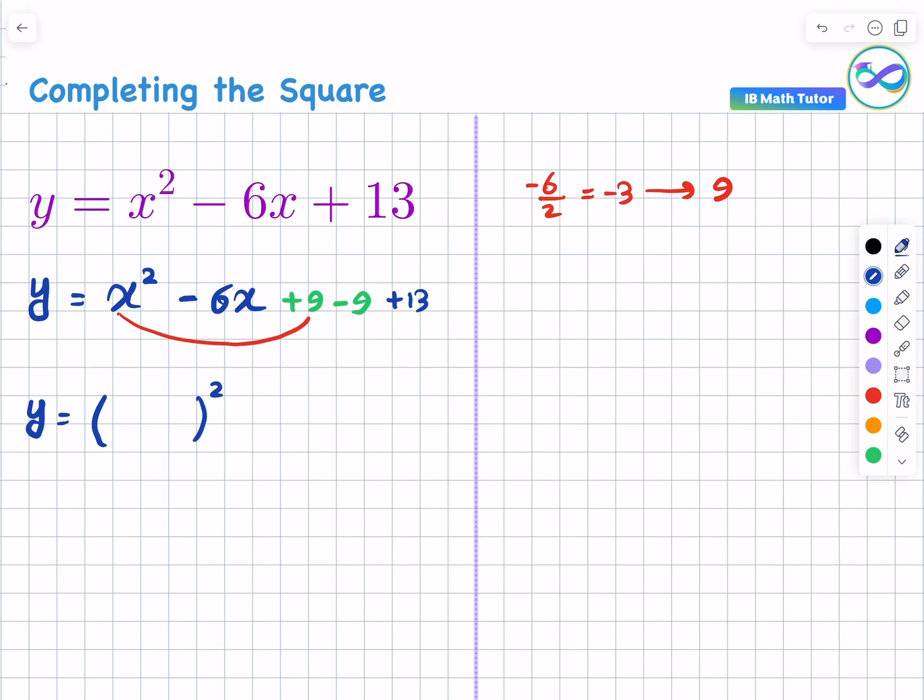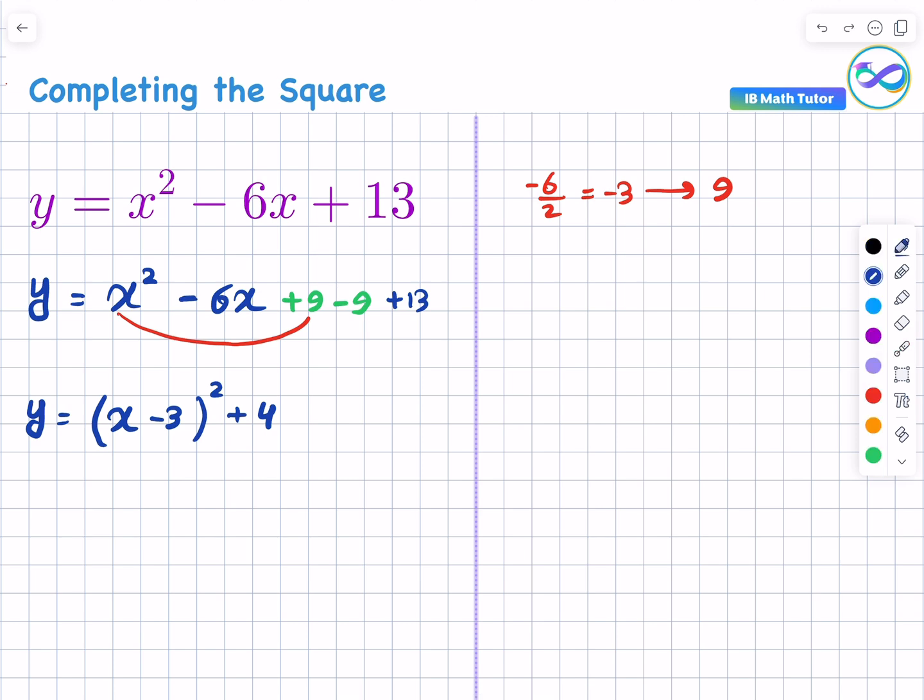Here the variable is x, and now the number will be negative 3, because negative 3 squared will be positive 9, or we can say half of negative 6 would be negative 3. Then here we have negative 9 plus 13, which is 4. So here we have plus 4. So this is the completed square form of this quadratic.